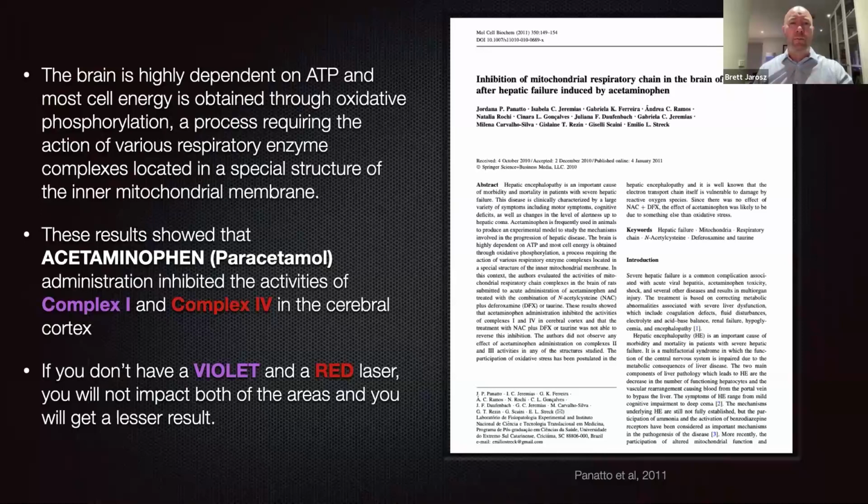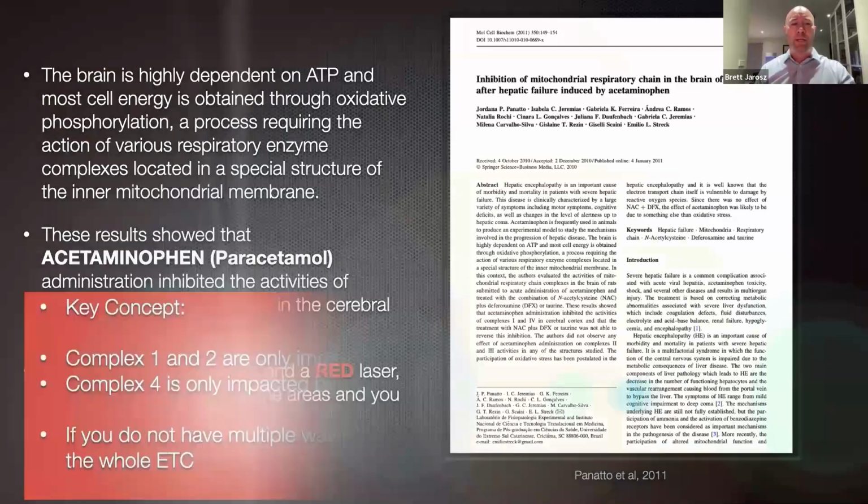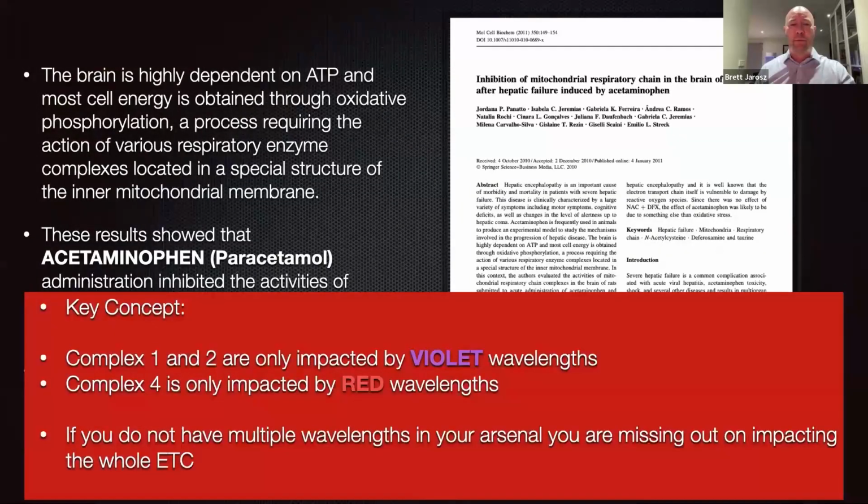If we are going to be helping a patient who's potentially got these mitochondrial toxicities from drug use, then we need to be using both colors of those lights. So complexes 1 and 2 are impacted by violet, complex 4 is impacted by red. If you don't have those multiple wavelengths in your arsenal, you're missing out on impacting the whole electron transport chain.